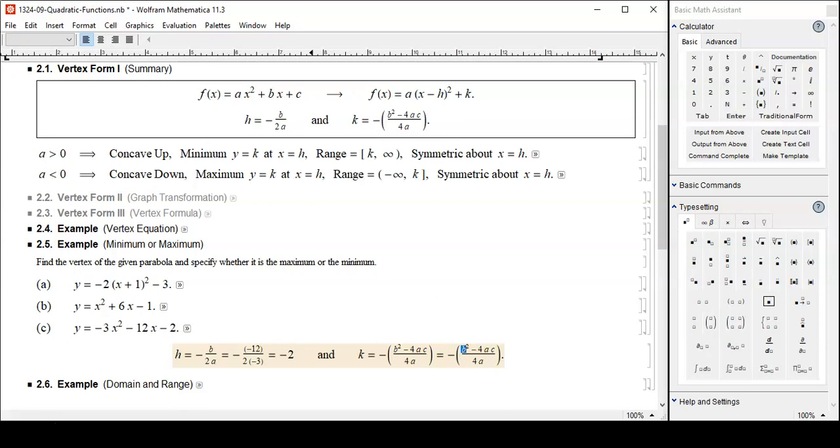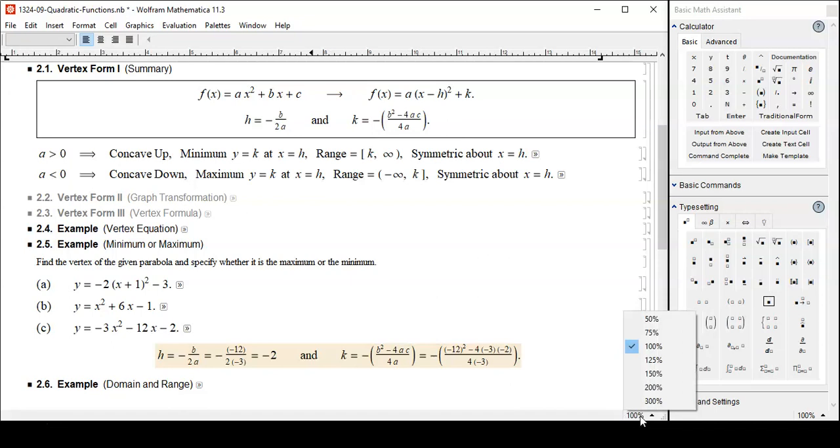So B is -12 squared, and then we have 4AC, -3, and then -2, and then that's -3. Oh boy, that's going to be a heavy-duty computation.